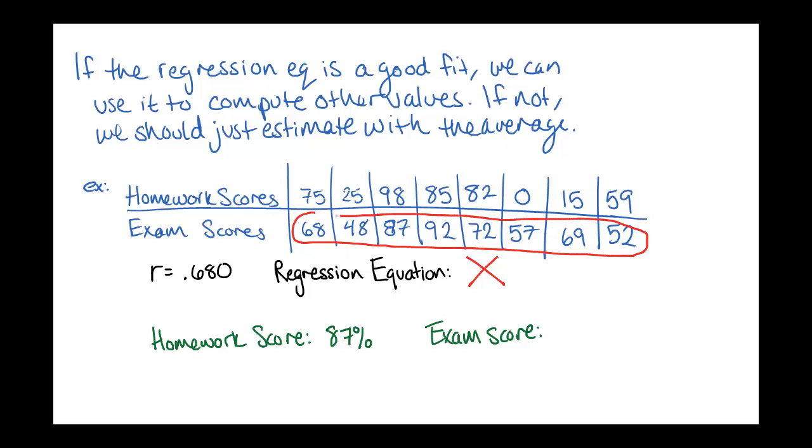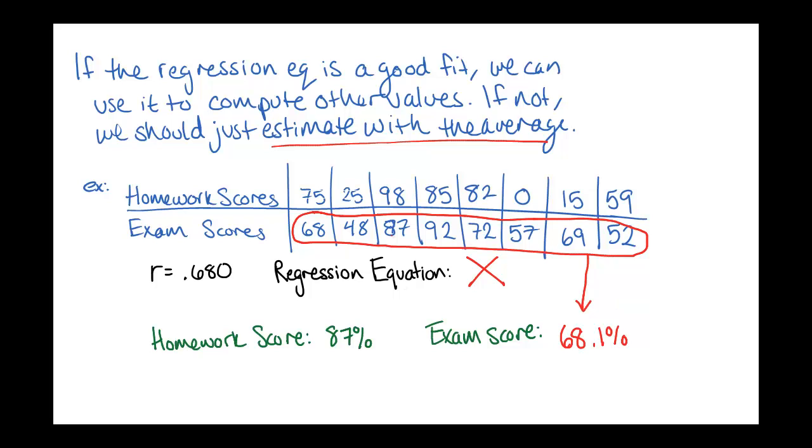If you look in the book, this is the procedure that they suggest. If we can't use the regression equation, we're just going to estimate using the average. So we would take the average of all these exam scores, and that would be our prediction for the homework score of 87%. So we would give 68.1% on this one.